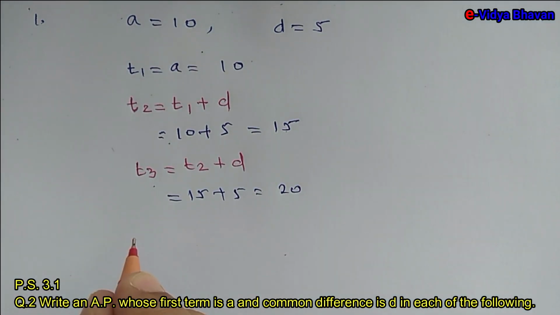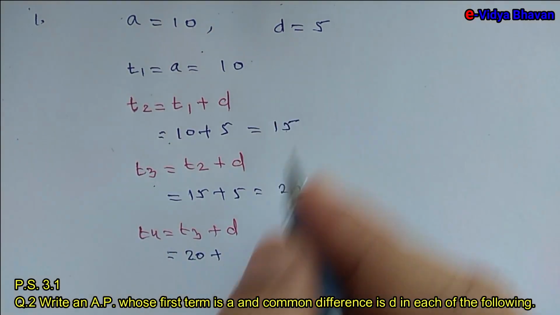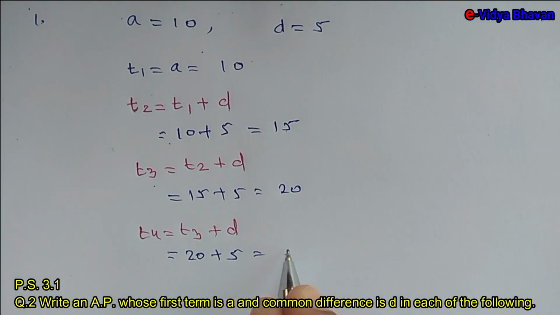Now T4 equal to T3 plus D. That is, T3 the value is 20, you have calculated, and D you know very well 5, so it is 25.